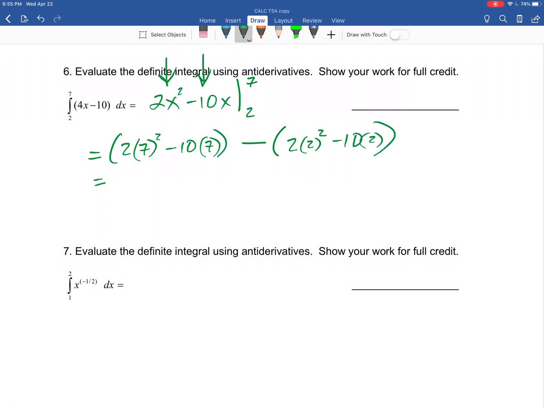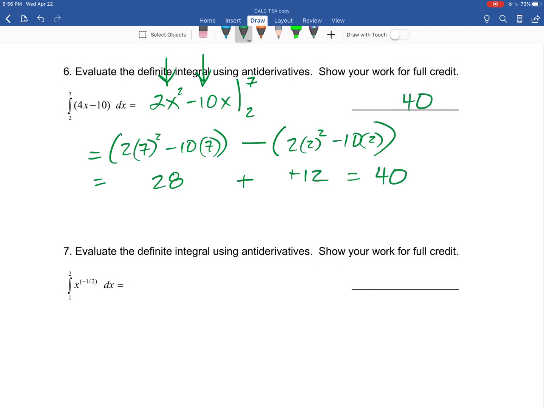There we go. Looks like we've got 28 minus this is a -12. Minus a negative plus a positive. That's going to be a positive 40.